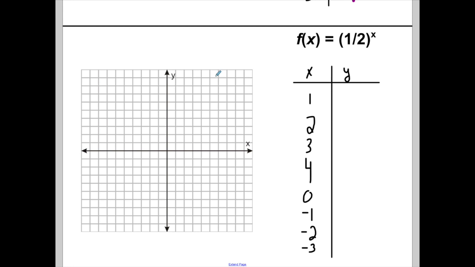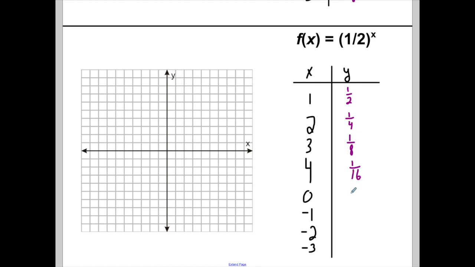This is the function f of x equals 1/2 to the x. So a half to the power of 1 is a half. A half squared is 1/2 times 1/2, a quarter. A half cubed is a half times a half times a half, 1/8. A half to the fourth is a half times a half times a half times a half.